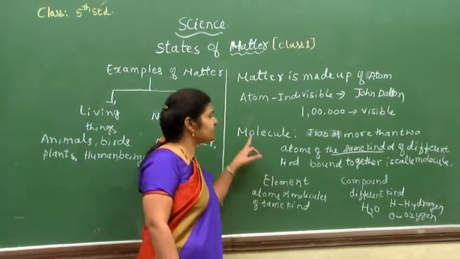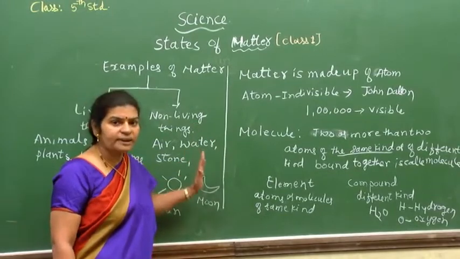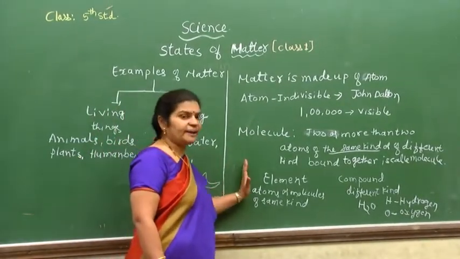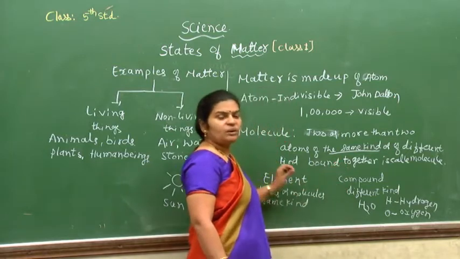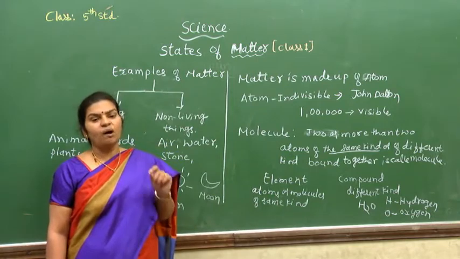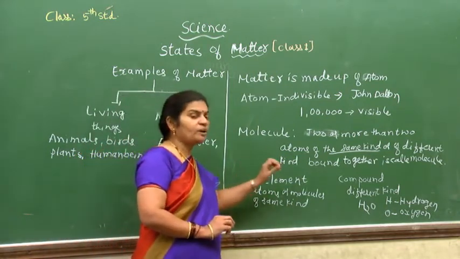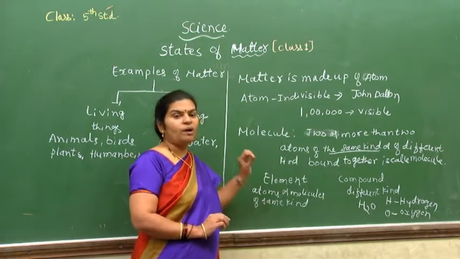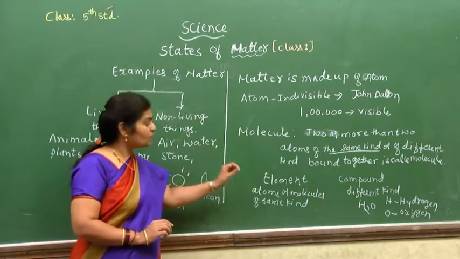When we consider the molecule, it will have all the properties of that element or that compound. That means if you take one molecule of iron, it will have all the properties of iron. If you take one molecule of water, it will have all the properties of water.